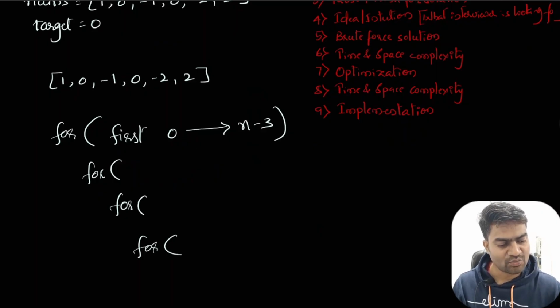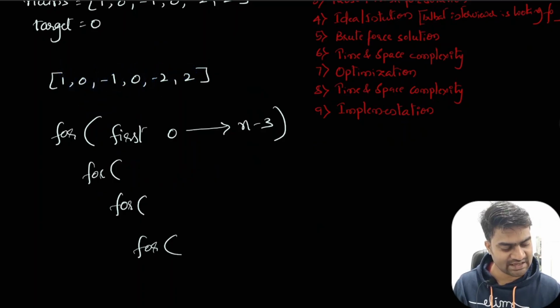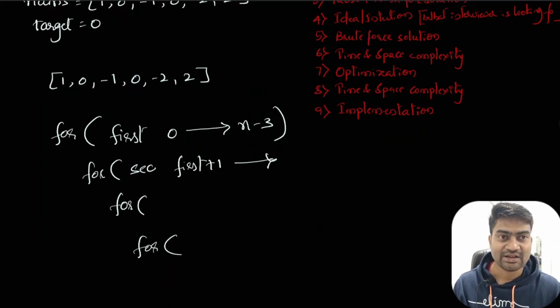Next, the second loop. If this was my first number, then my second number always started one index after that. Then it traveled to the next index, next index, next index, something like this, correct, right? So now my second number starts from first plus 1, then it iterates until less than n minus 2, and not n minus 1 basically.